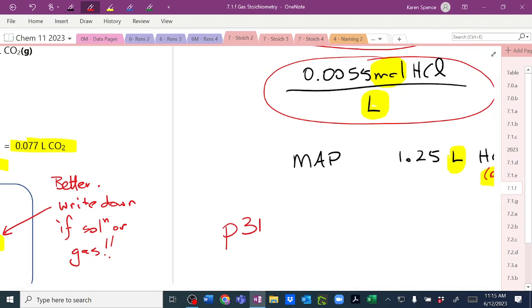And page 35, 36. Okay. That's 9 questions in total. Sound reasonable?